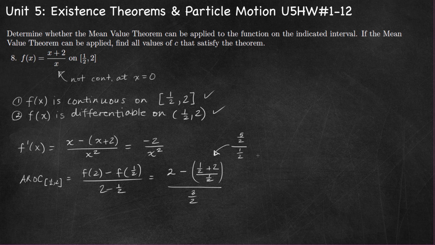Or you can multiply by the reciprocal of the bottom fraction. Again, the 2's will cancel out and you're just left with 5. So this is 2 minus 5 over 3 over 2, which is -3 over 3 over 2. Dividing by 3 over 2 is the same as multiplying by 2 over 3. So now this simplifies to just -2. The average rate of change is -2.